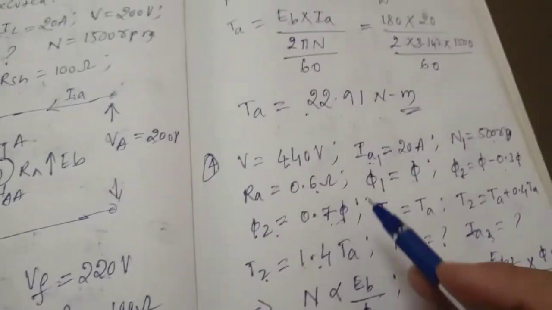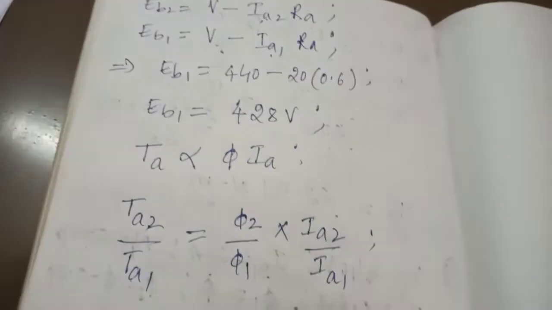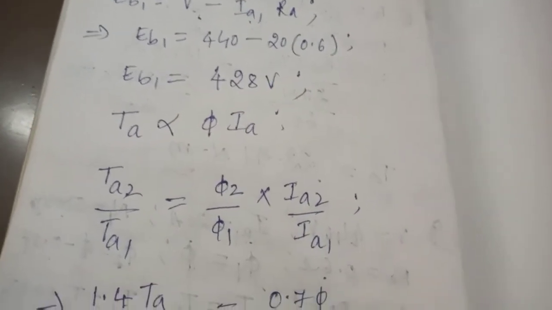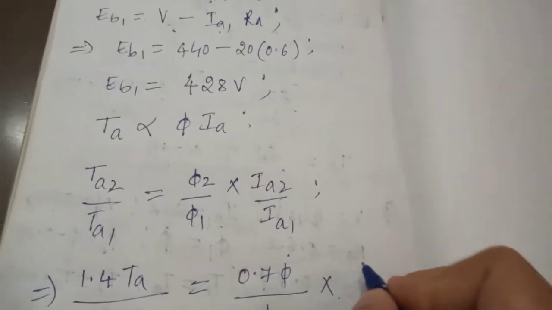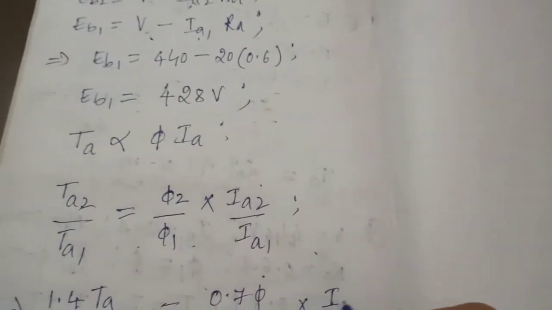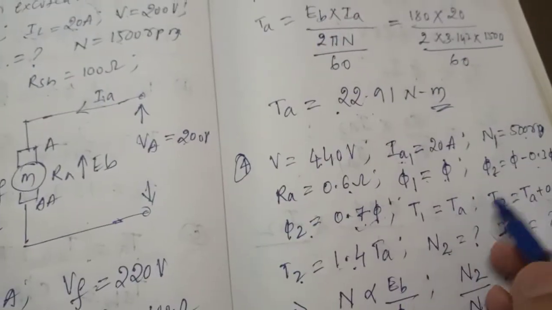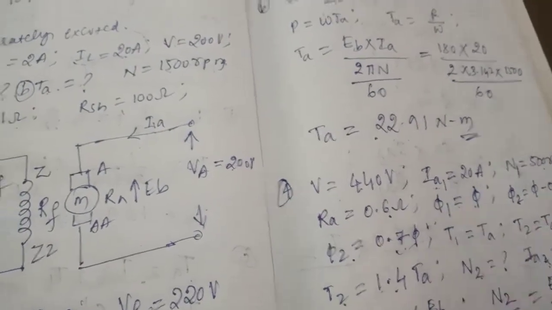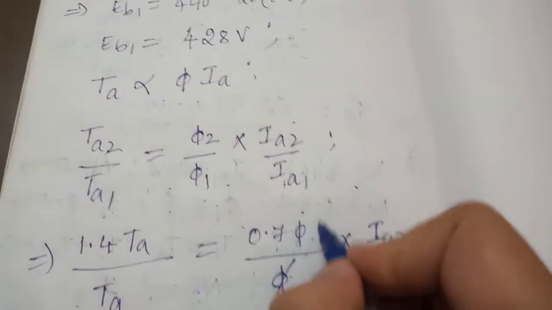Phi 2 is equal to 0.7 times phi, divided by phi 1. Phi 1 is 5, into IA2 by IA1. IA2 is the question mark. IA1 value is how much? 20 amps. So 5 cancels, TA cancels.